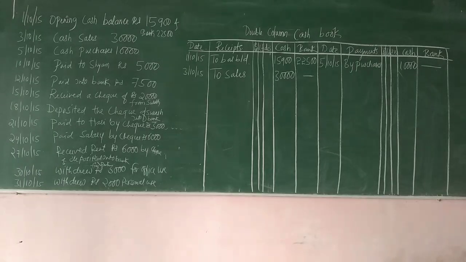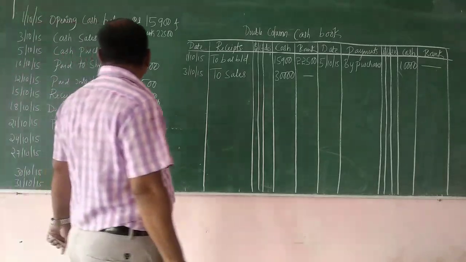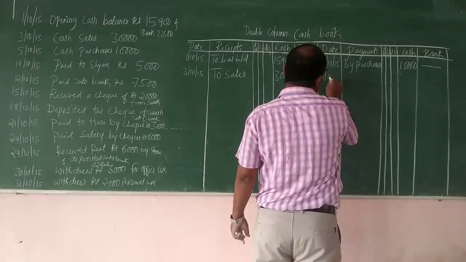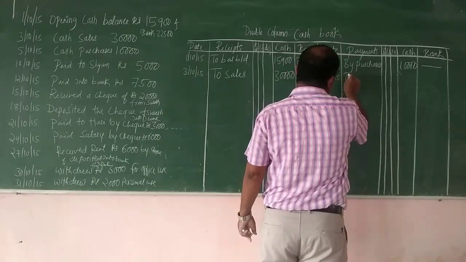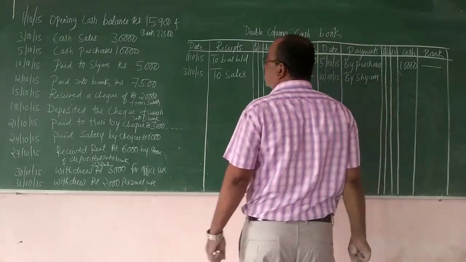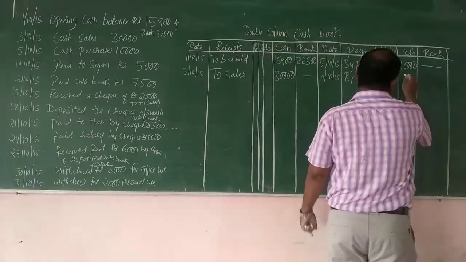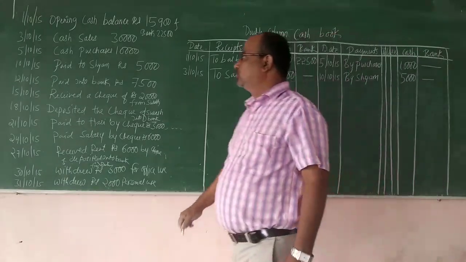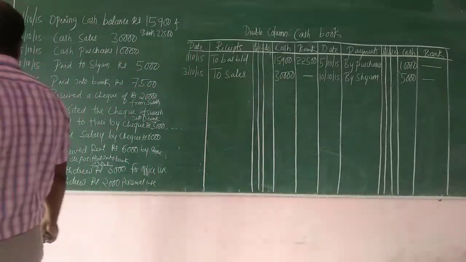Next, 10/10/2015 paid to Shyam rupees 5,000. So this is a payment, so on the payment side, 10/10/2015 by Shyam 5,000.